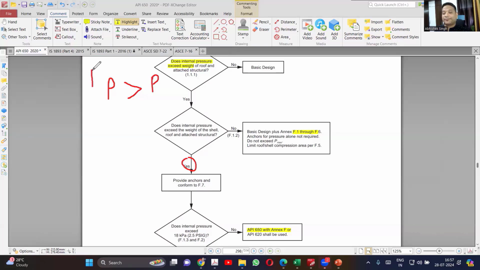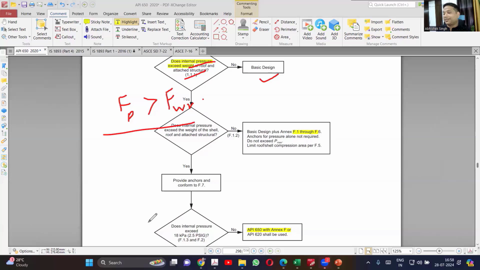If the force because of pressure is more than the force because of the weight of the roof, then what? If the internal pressure exceeds the weight of the roof, what will you be doing? Internal pressure exceeding weight of the roof. Any additional calculation required, or is general design okay? Basic design is okay, you'll be performing basic design, or Annexure F also will be there.